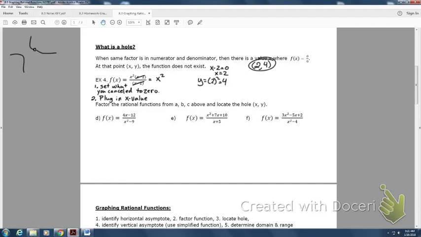The very first thing you always have to do is factor where you can. Can I factor the numerator? Yes, what can I do? Pull a 4 out. Can I factor the denominator? Yes. Becomes x plus 3, x minus 3.